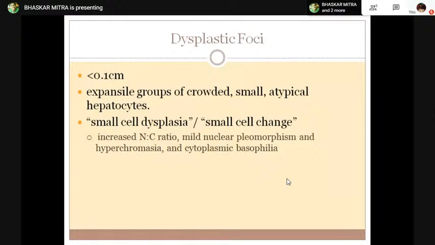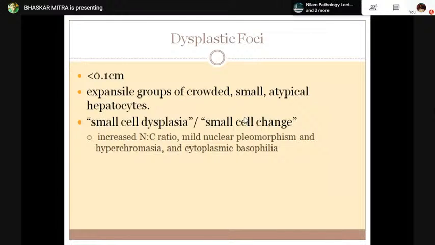Now, first, the dysplasia may be focal. If it is very small, less than 0.1 centimeter, we call this a dysplastic foci. What are these? These are nothing but the expansile group of crowded small atypical hepatocytes. Here I will emphasize this point, small cells.